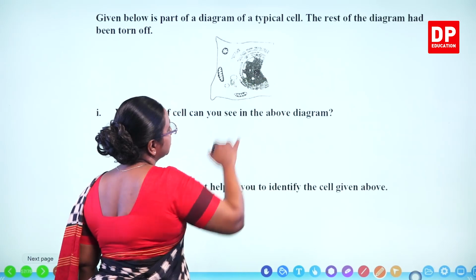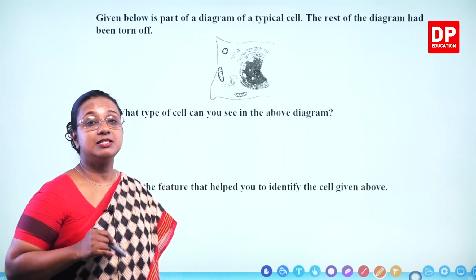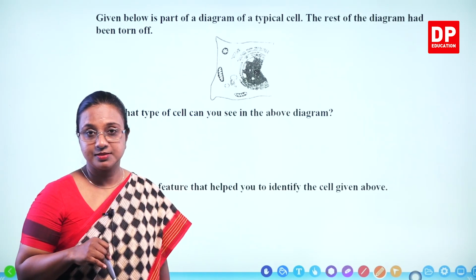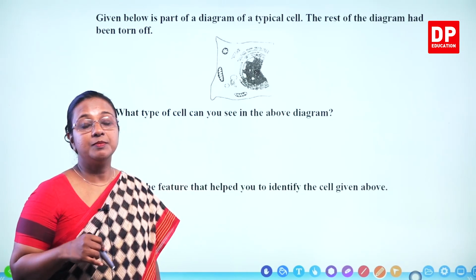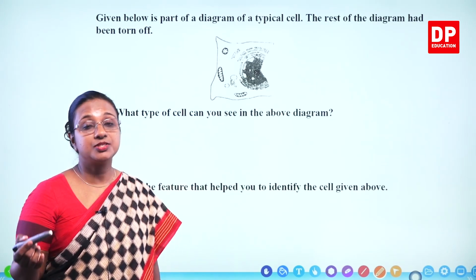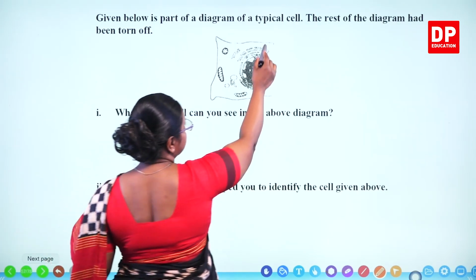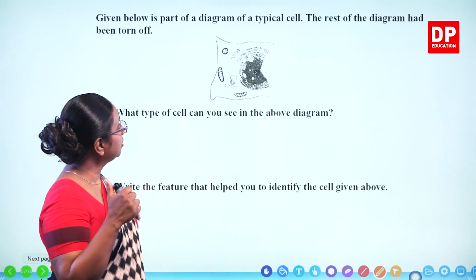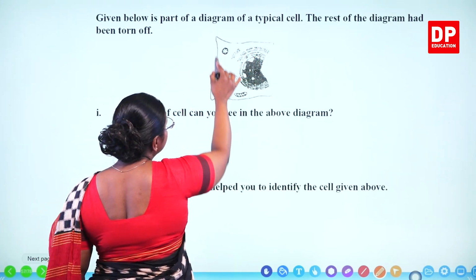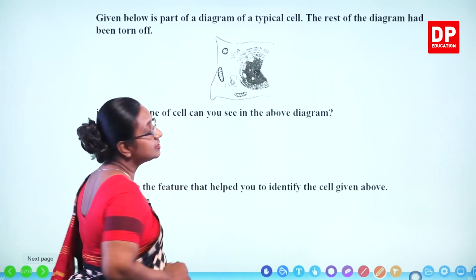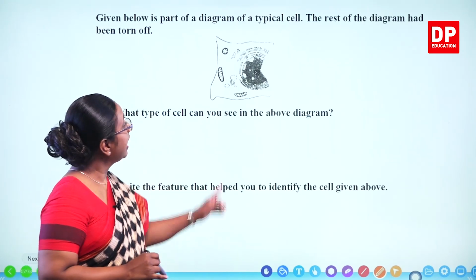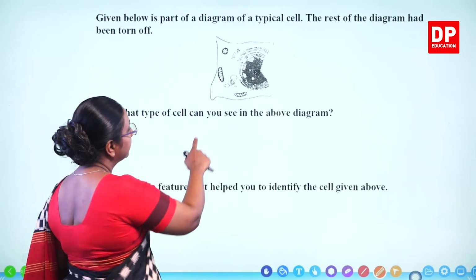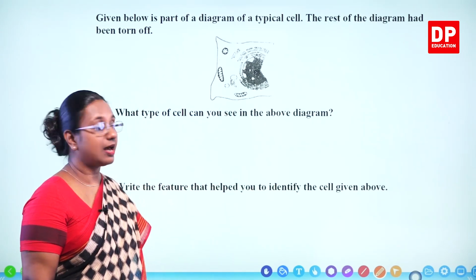And what is this structure? It is a centralized nucleus. So you can see only a part of the nucleus. But you cannot confirm that there is no large central vacuole because that can be present in the other part of the diagram. So here we use the presence of only one border, that is the plasma membrane or cell membrane, and the presence of a large nucleus to identify the type of cell in the diagram.